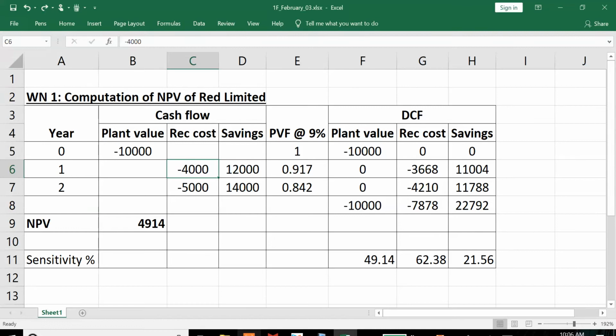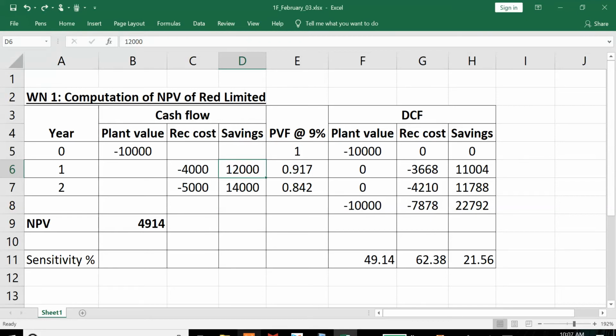Sensitivity percentage is equal to change by base into 100. 4914 by 22792 into 100. This is the available cushion in the company. That much fall the company can easily absorb.